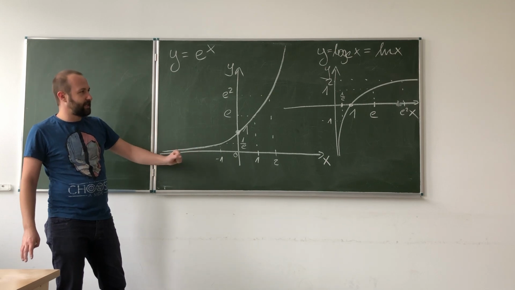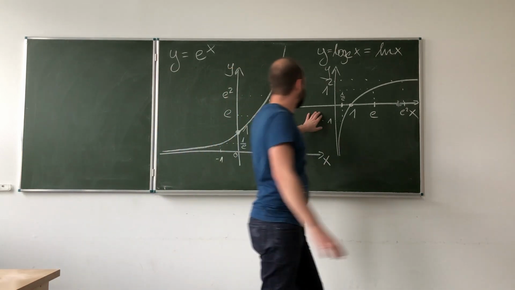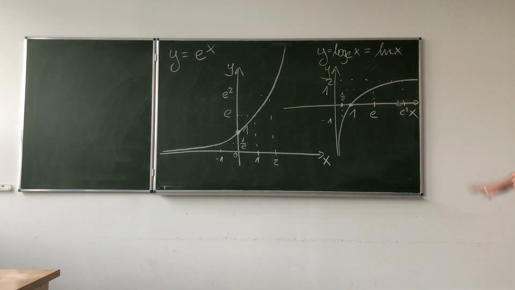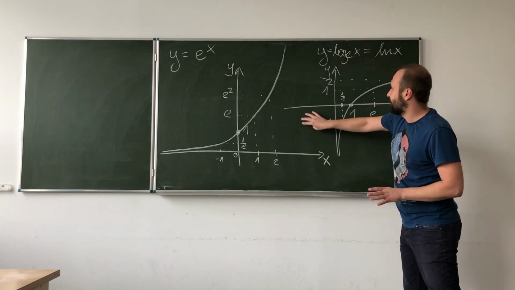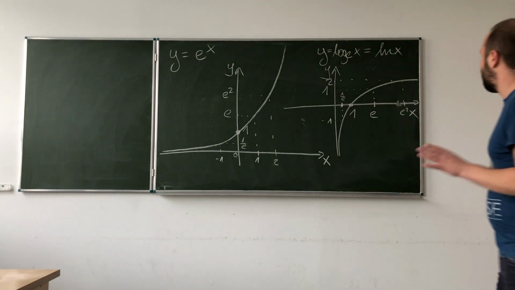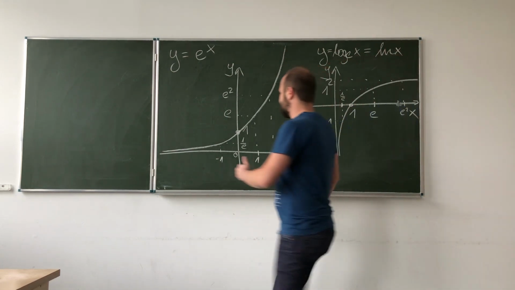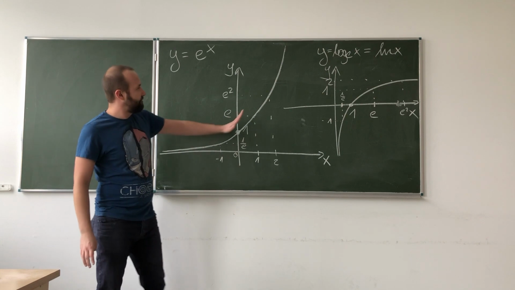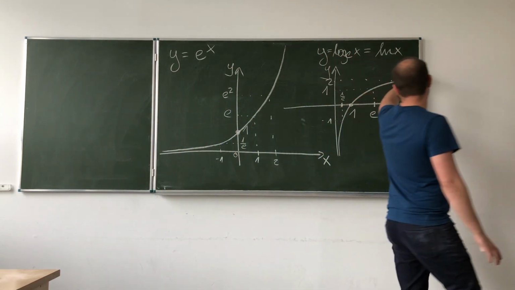It never takes negative values on y. On the other hand, this function never appears over here. It is undefined for negative values of x. Then we see that this function is growing faster and faster. This function is growing slower and slower.